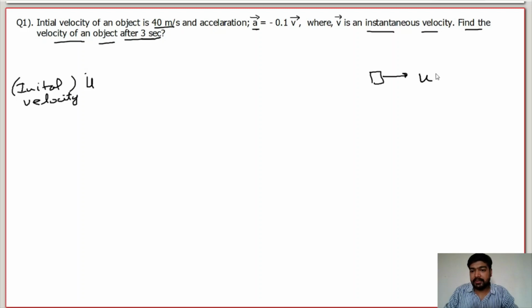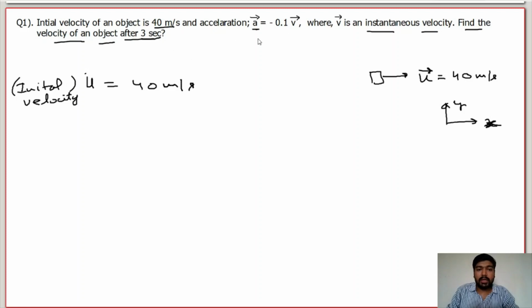I have considered the body having 40 meter per second in the x direction. These are my coordinates, x, and this is my y. So u is 40 meter per second in the x direction.